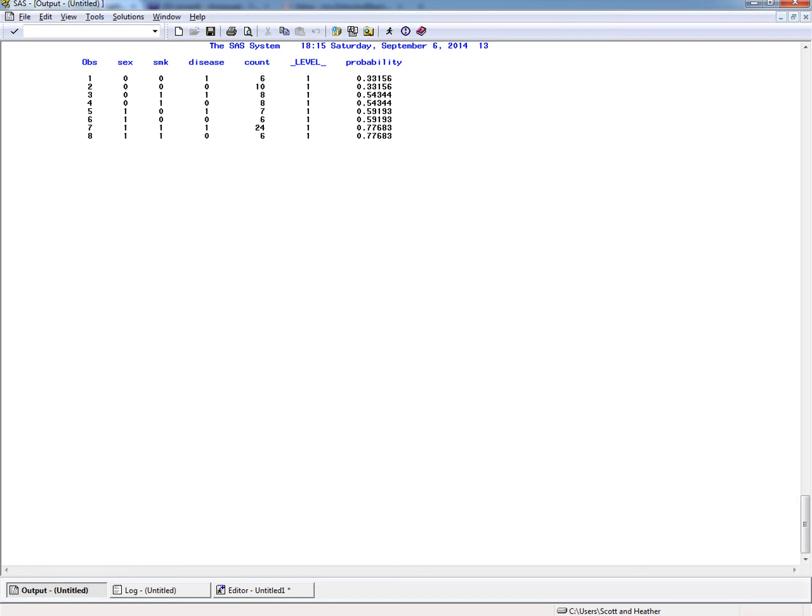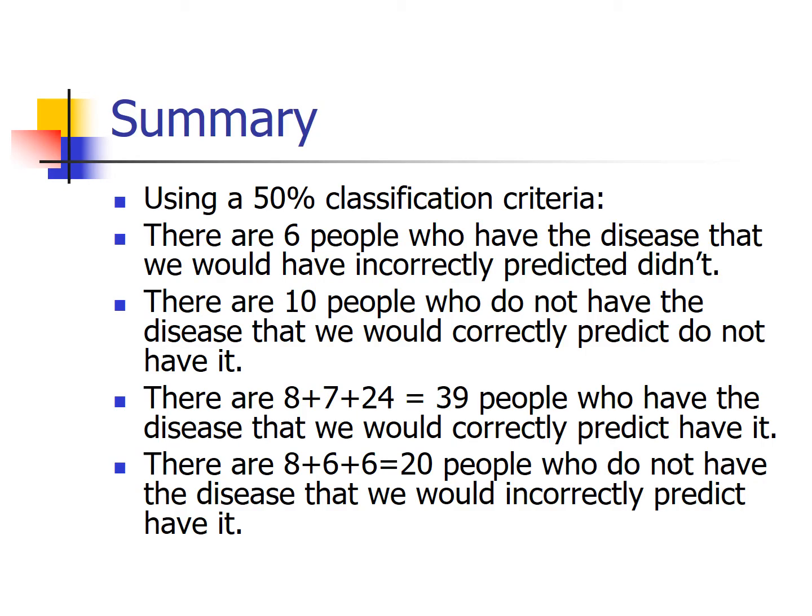But there are some who do not have the ailment, and we are incorrectly classifying them. Here are the numbers more explicitly. Using the 50% classification criteria, there were 6 people who had the disease that we would have incorrectly predicted didn't. There were 10 people who do not have the disease that we would have correctly predicted do not.